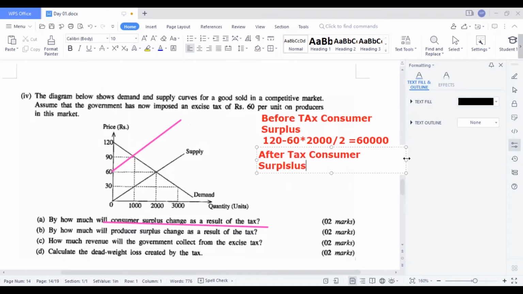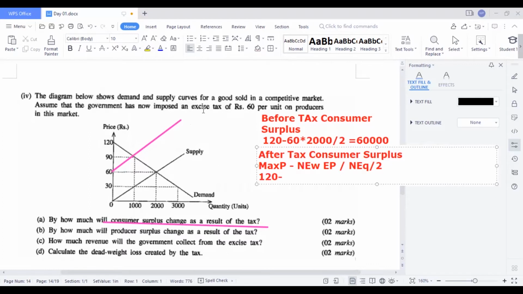So I'm going to write here after-tax consumer surplus. How do you write the formula for this? Again, maximum price minus the new equilibrium price, into the new equilibrium quantity, divided by 2. The maximum price is going to be the same; it will not change, 120.